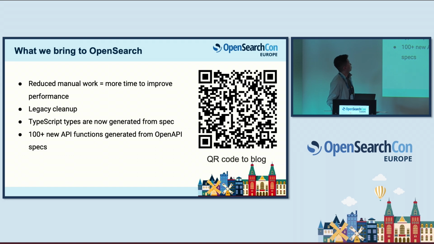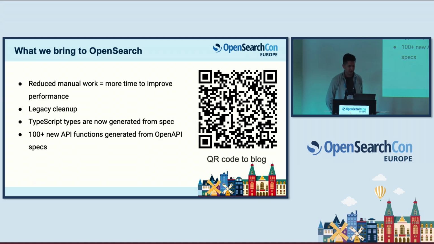You can check this QR code for the second blog post about what we brought to OpenSearch. We reduced manual work, leaving more time to improve performance. Every update, like the one for OpenSearch 3.0, is time consuming and takes a lot of weeks.